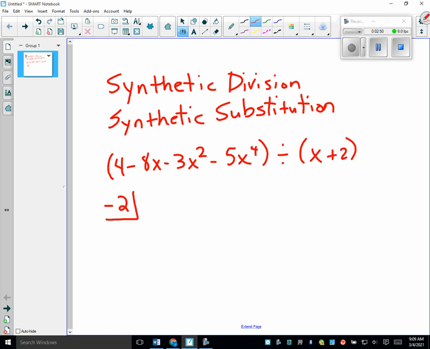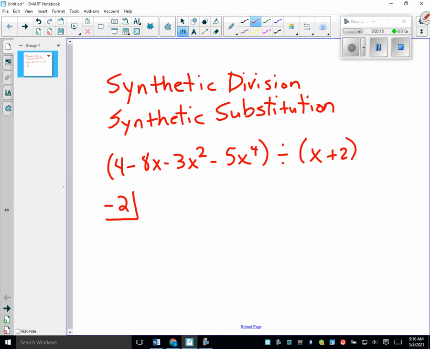Now I write down all my coefficients. I have to write them in descending order of my exponents. If I'm missing a term, I have to put a 0, just like yesterday when we talked about missing a term.